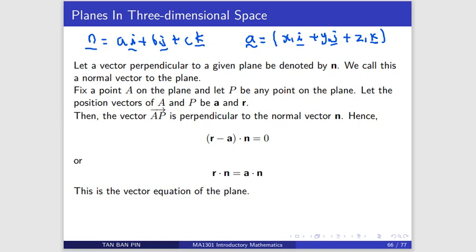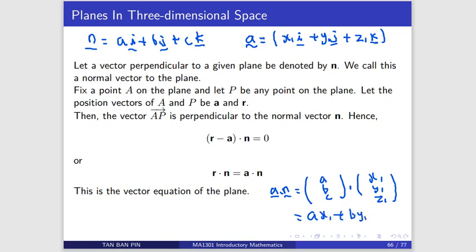Then you can work out a dot n. Then a dot n will be (a, b, c) dot (x1, y1, z1). Then it will give you a x1 plus b y1 plus c z1.